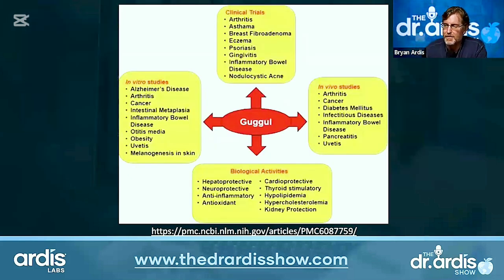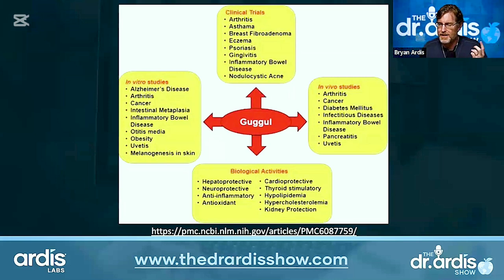You'll see Guggul's in the middle. These researchers looked at all research studies on PubMed.gov. They wanted to know in what ways researchers have studied Guggul extract impacting the health of all diseases. Well, just look at the list. On the left, you'll see in vitro studies. These are lab studies.